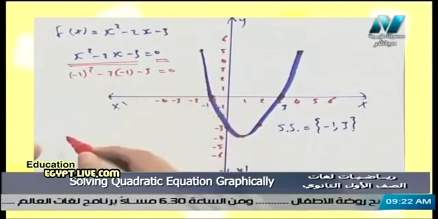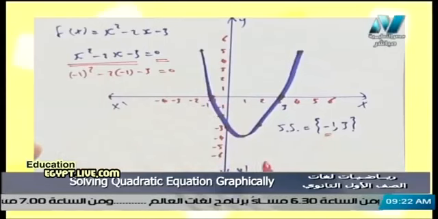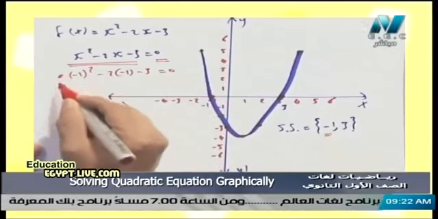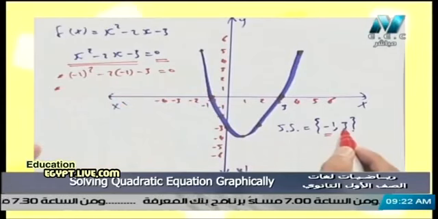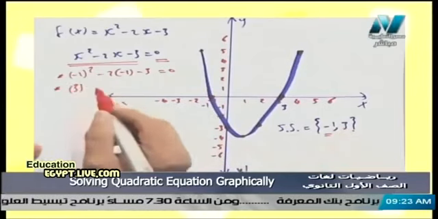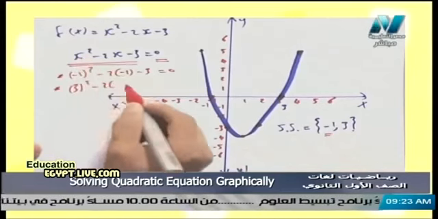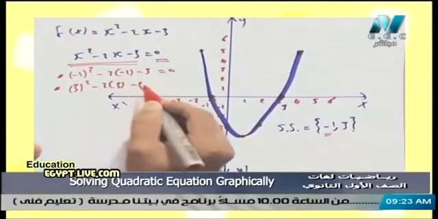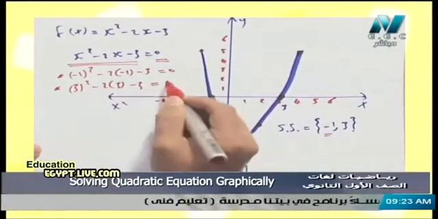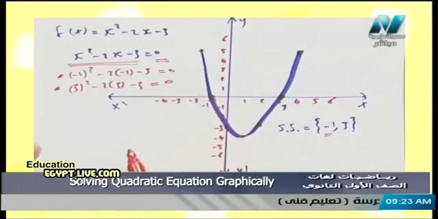So it satisfies the equation. And the next one, what about 3? If we substitute x with 3, 3 power 2 minus 2 times 3 minus 3, the answer, of course, equals 0 also. Okay?